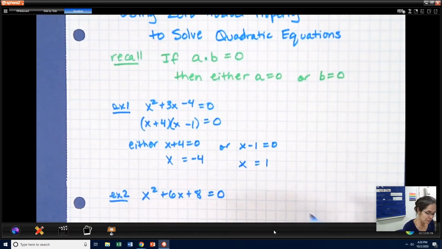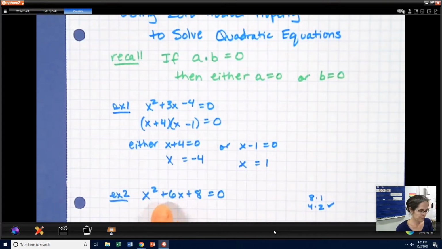So you could make a list of your factors of 8, 8 and 1, 4 and 2, and 4 plus 2 works. So that's going to be the pair that I'm going to use. This is positive, so the signs are the same, and this is positive, so the signs are both positive.